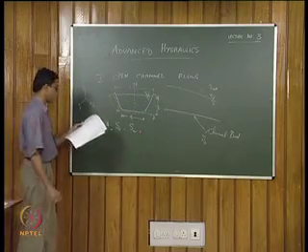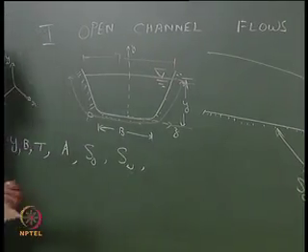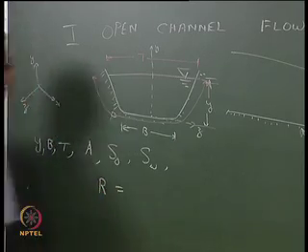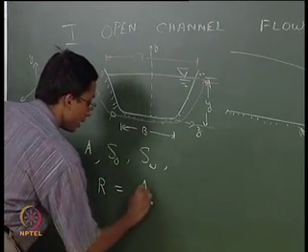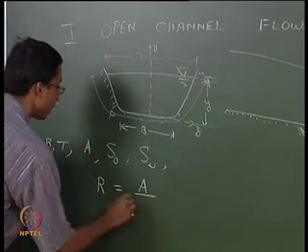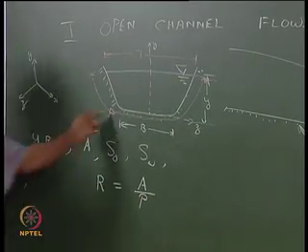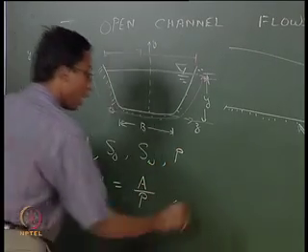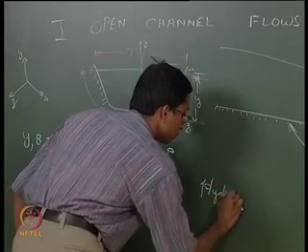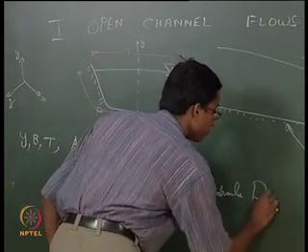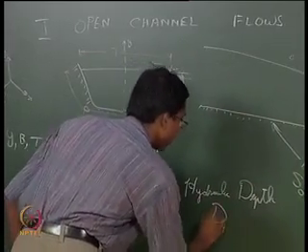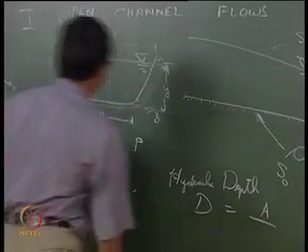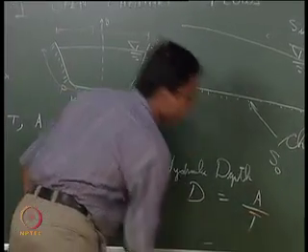Based on these properties, your hydraulic radius R is defined as the area of cross section divided by the wetted perimeter P. Hydraulic depth is another parameter. We can give it as capital D symbolically. This is nothing but the area of cross section divided by the top width.